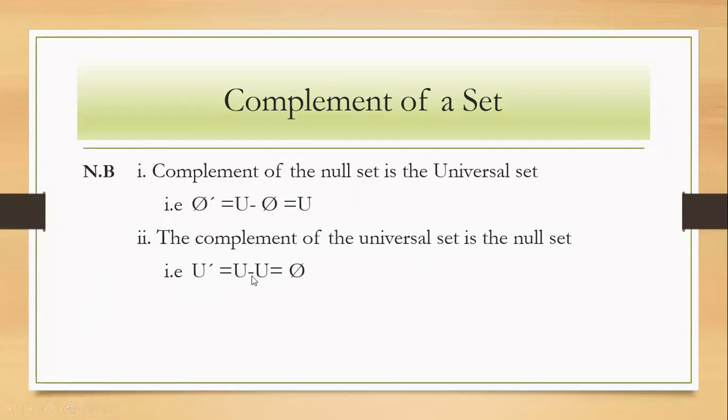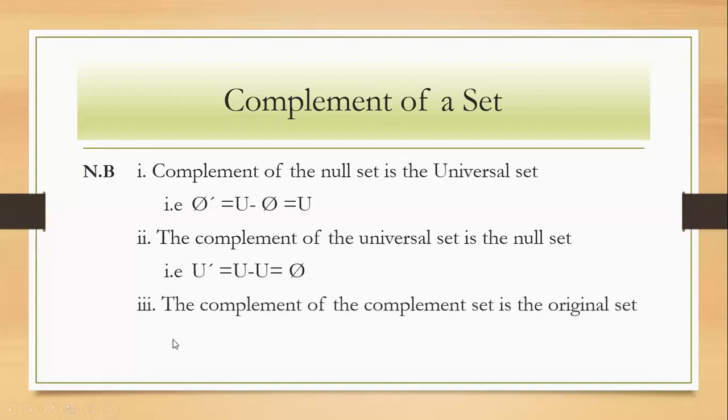In the same way, U minus U gives you nothing, that means a null set, a set without an element. So, U dash is equal to null set. These types of questions can come in your objectives. These are very important points.